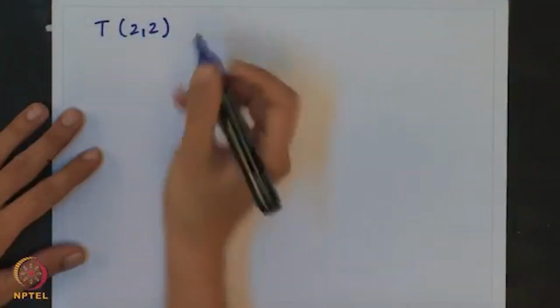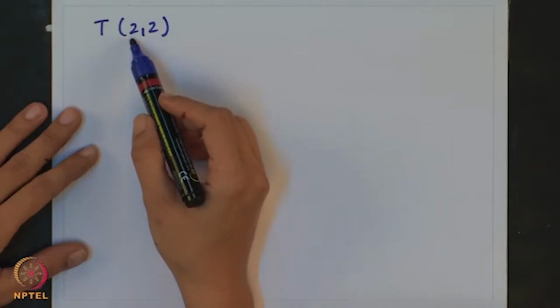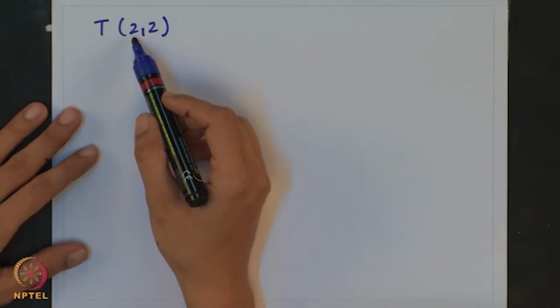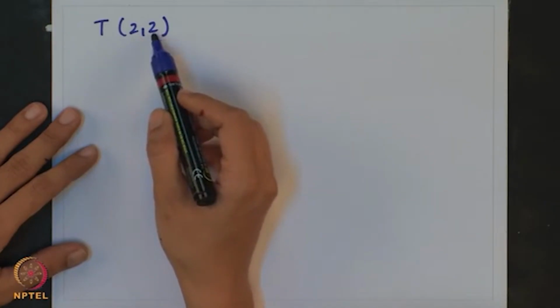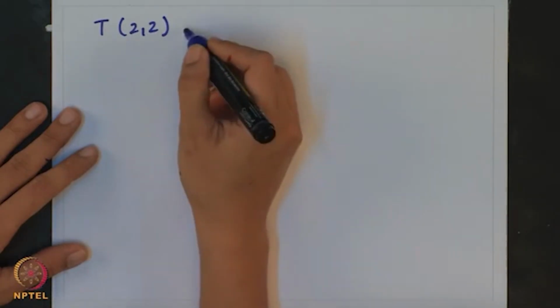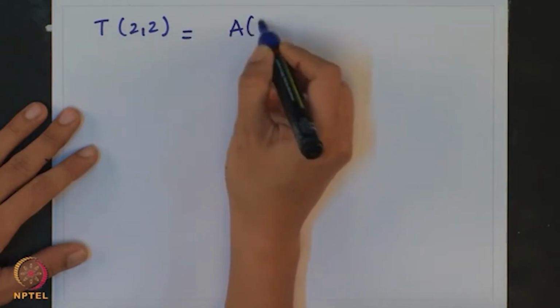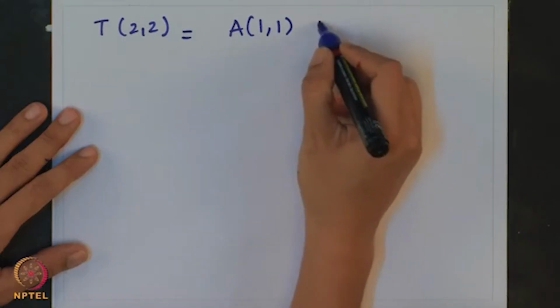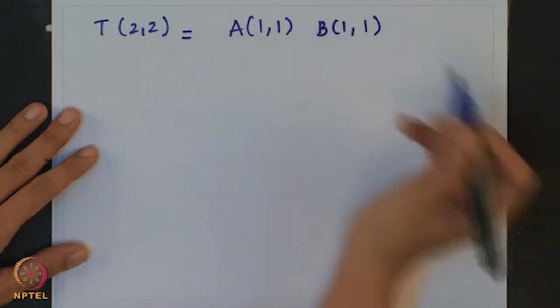So we will go to the next point, wherein I will write this T. Now here k is equal to 2, which is a second order tensor, rank 2 tensor, and q is equal to 2. So I can write this as A11, B11.